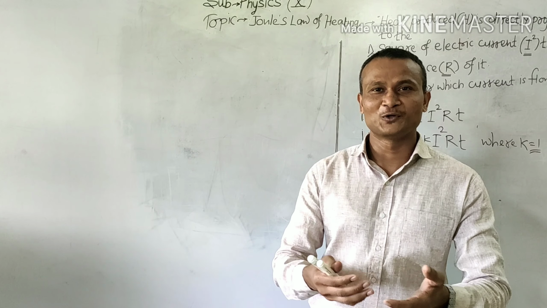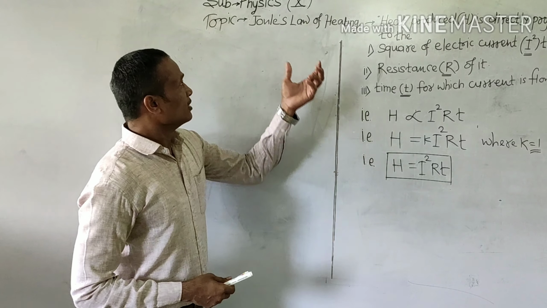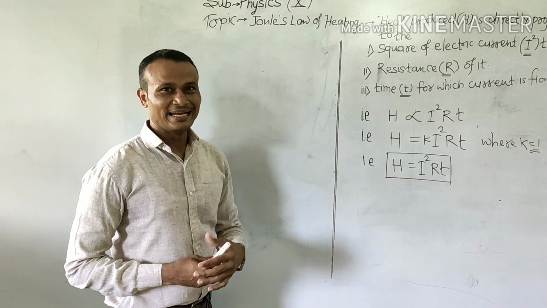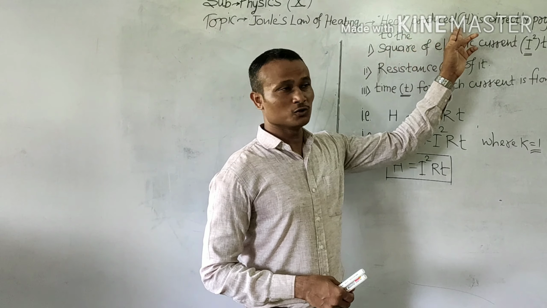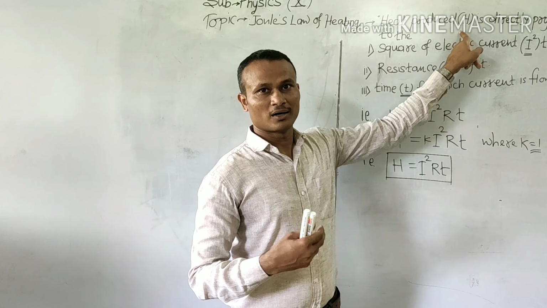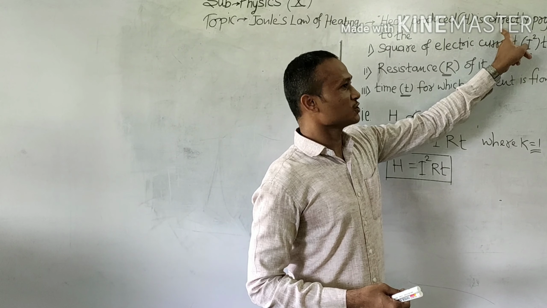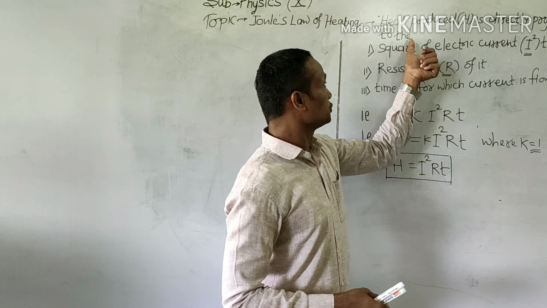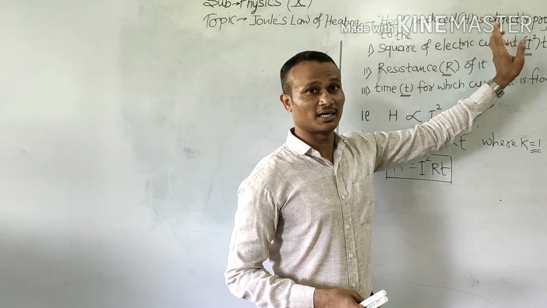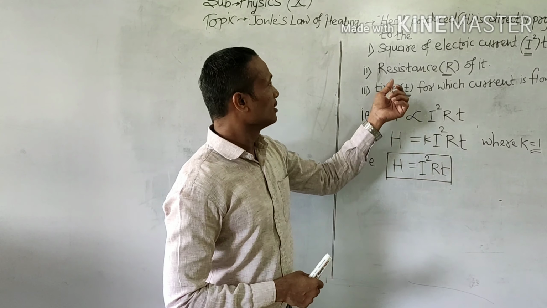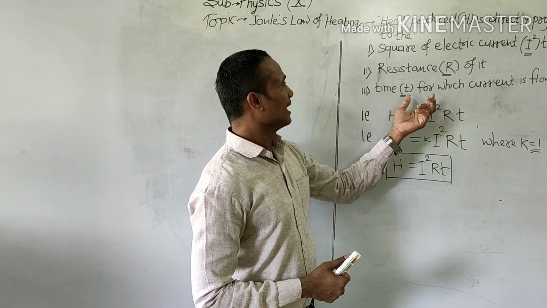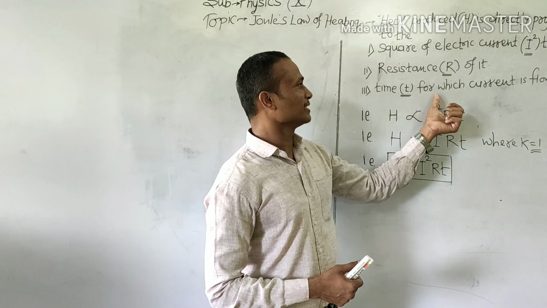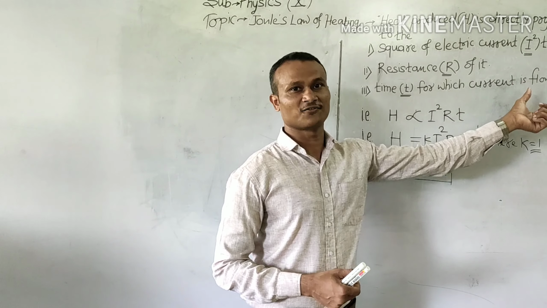So let's proceed. Joule's law of heating states that heat produced in a device or in a circuit is directly proportional to the square of the current flowing through it, directly proportional to the resistance of it, and directly proportional to the time for which current is flowing.